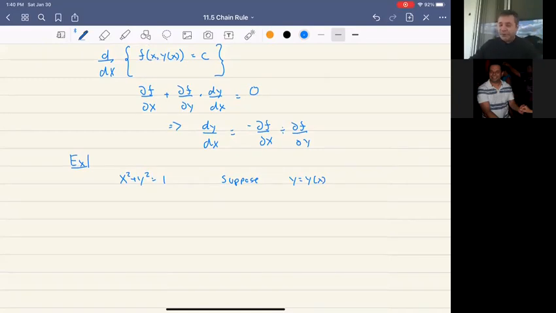If we do that and take the derivative of both sides, and this you would have done in your Calc 1 class, you would have said, that's 2x plus 2y, and then, oh yeah, there's a y prime here, equals 0. So y prime equals negative x over y.